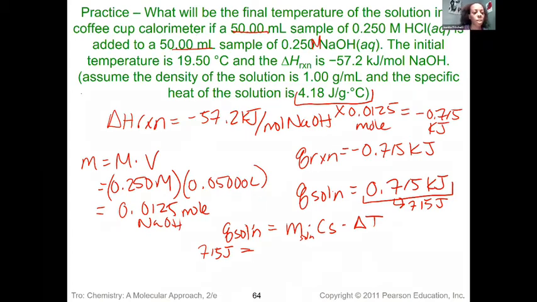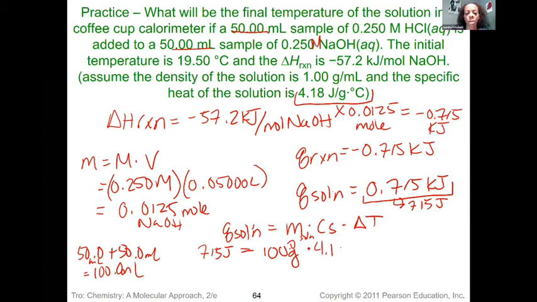So we have 50 plus 50. And so that's going to give us a solution volume of 100 milliliters, which if the density is 1 gram per milliliter, that also means we have 100 grams of solution times the specific heat of water, 4.18 joules divided by grams Celsius.